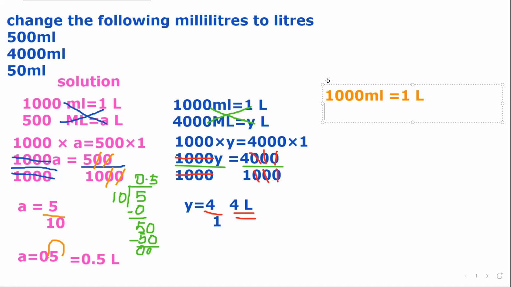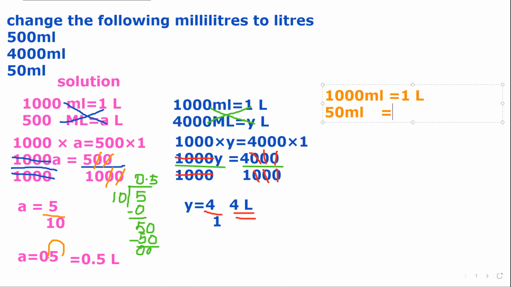Because you want to change the 50 mil, you have to record the 50 mil under the mils. So here will be the 50 mil, then equal to, you don't know, so you can put any letter to represent the 50 mil.